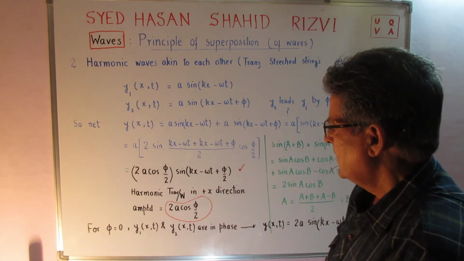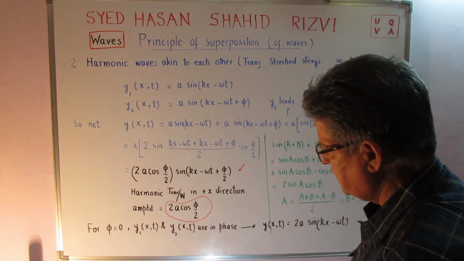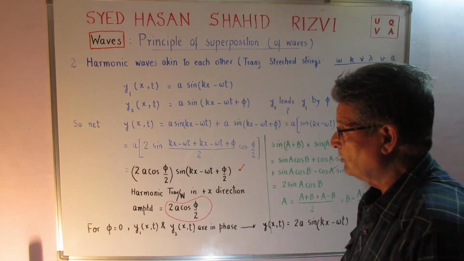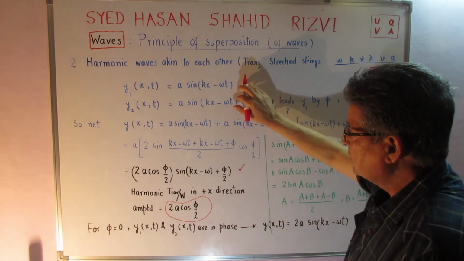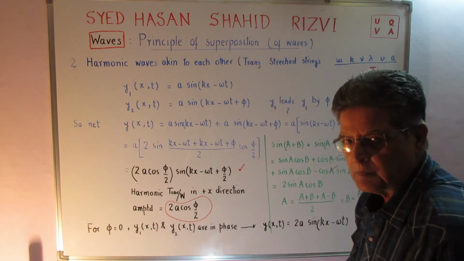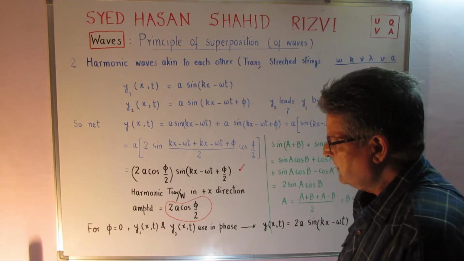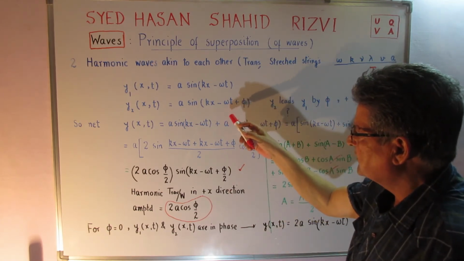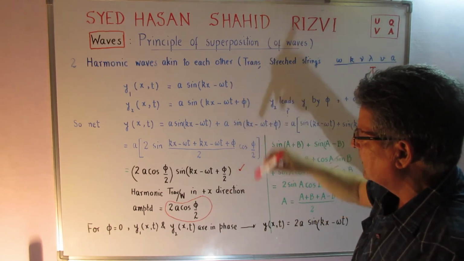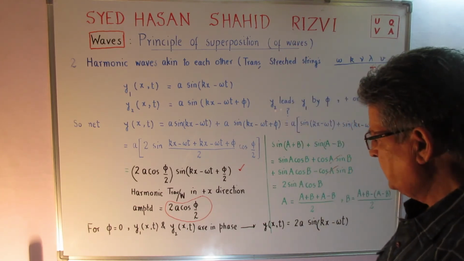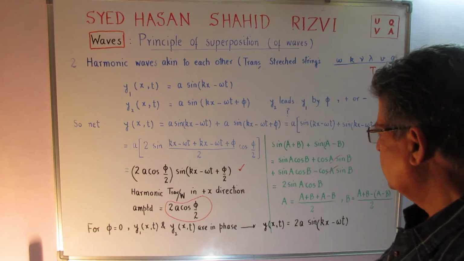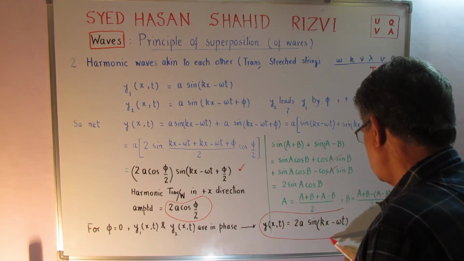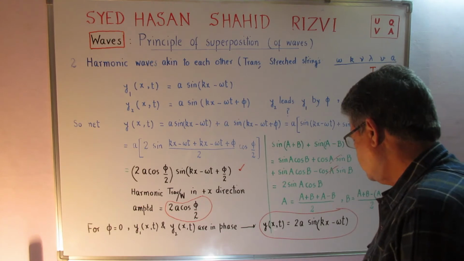Okay. Now I am just taking one case where phi is equal to 0. Initially this phi is taken as equal to 0. So the two equations are one and the same. Okay. So then what happens is that because there is no phase difference, y1 and y2 are in phase. And if so, then what we get is this equation. y(x, t) is equal to 2a sine of (kx minus omega t).